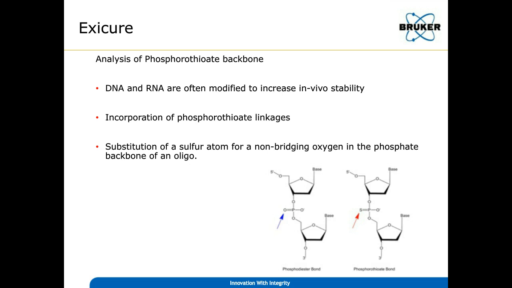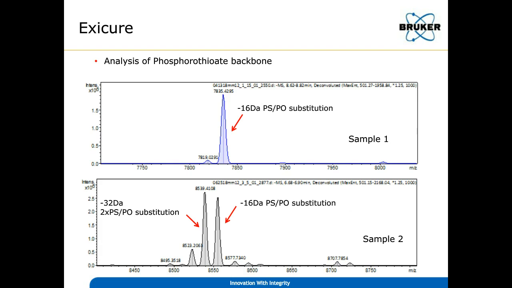The figure on top shows a peak at 7835 Daltons that correlates to a loss of -16 Daltons for a PS to PO substitution. And in the lower figure, in addition to the single PS to PO substitution, we can also see a peak correlating to -32 Daltons for a 2 times PS to PO substitution.